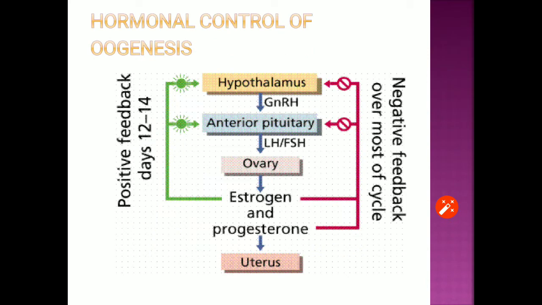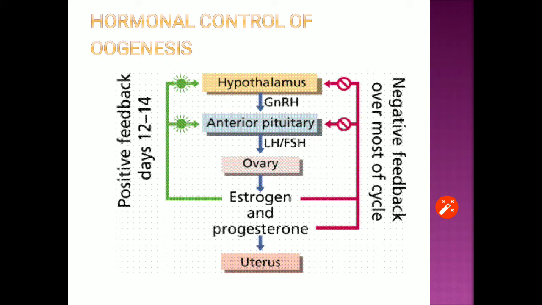Now about the hormonal control of oogenesis. As the picture is showing, the hypothalamus will release gonadotropin releasing hormone, and it stimulates the anterior pituitary to release luteinizing hormone and follicle stimulating hormone. Both hormones will function on the ovary.